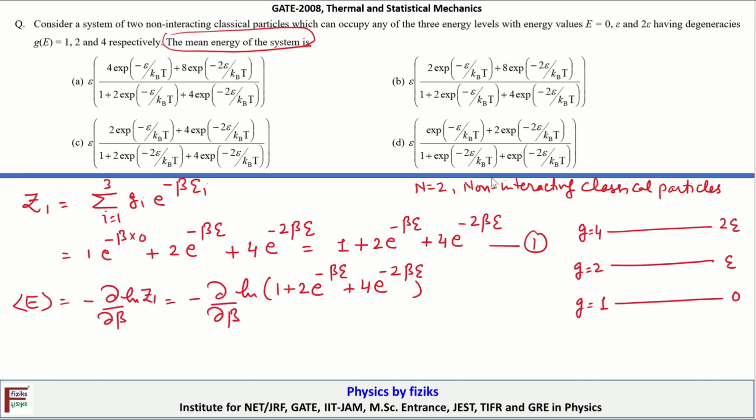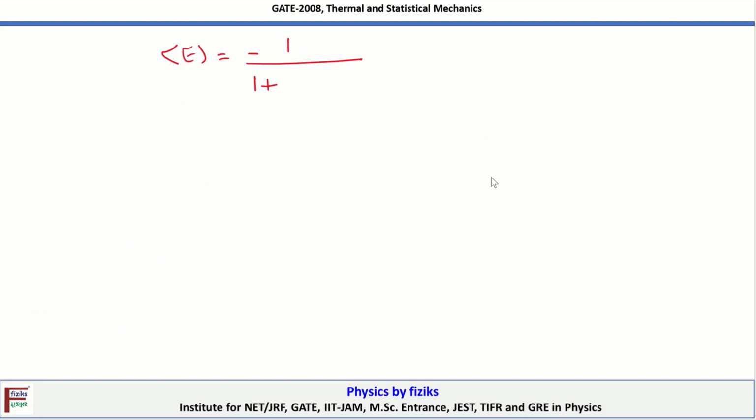Its differential is equal to minus 1 over 1 plus 2 exponential minus beta E plus 4 exponential minus 2 beta E, and then again its differential, so that will be 2 exponential minus beta E, and then we will have another factor of minus E because of the differential of the exponent with respect to beta.